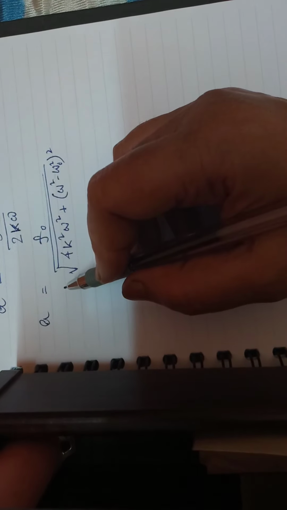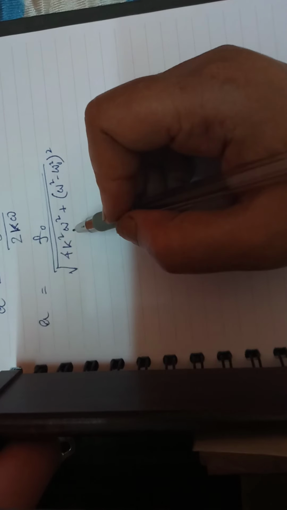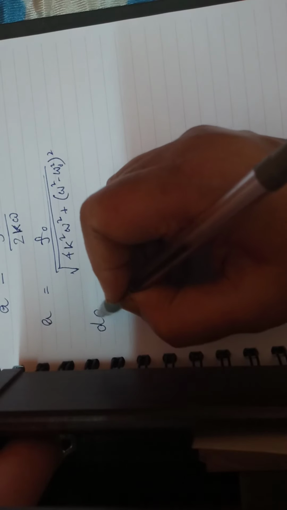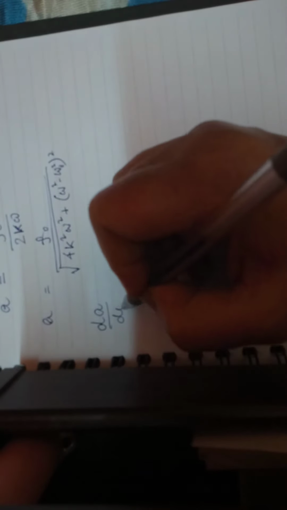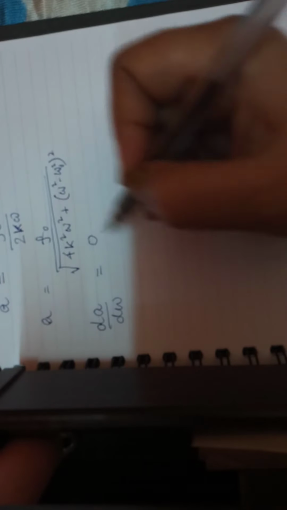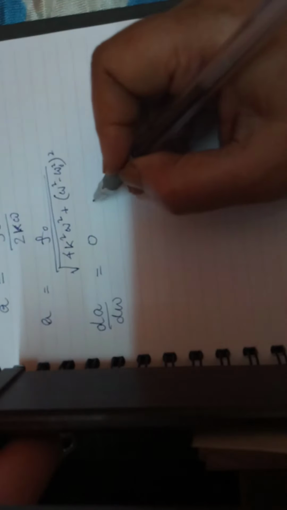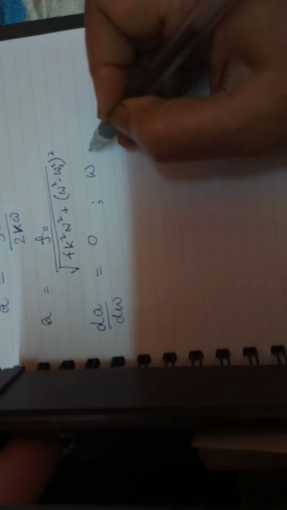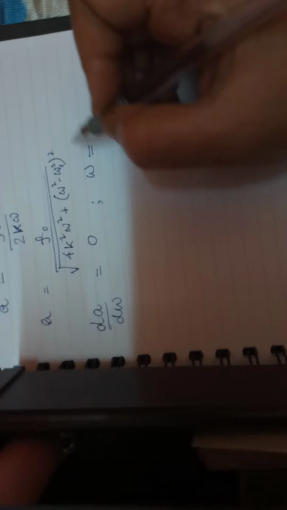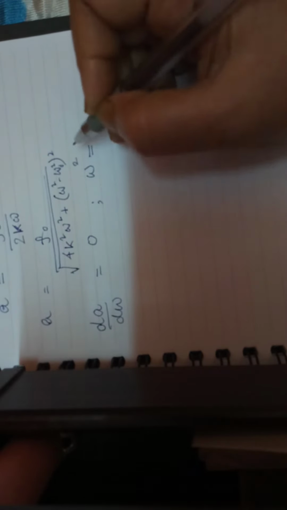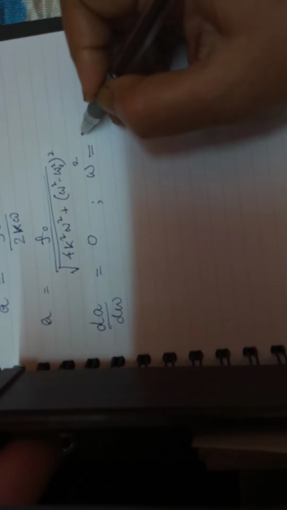To find the frequency, we must do dA d omega equal to 0. If we do that, I'm not going to do it, you are going to do it, because if I do it, this video will take a long time. That simple differentiation, if you do, you will see that omega square equals omega 0 square minus 2k square.